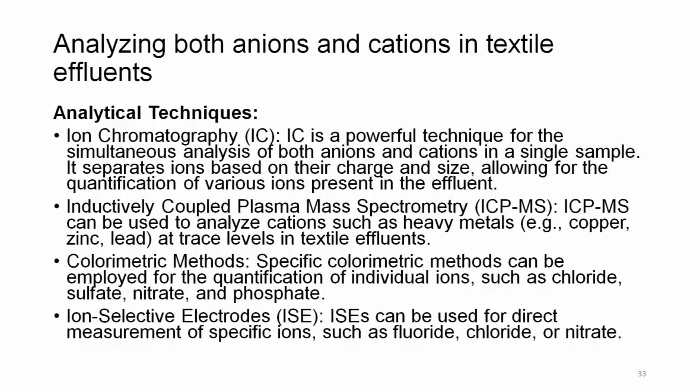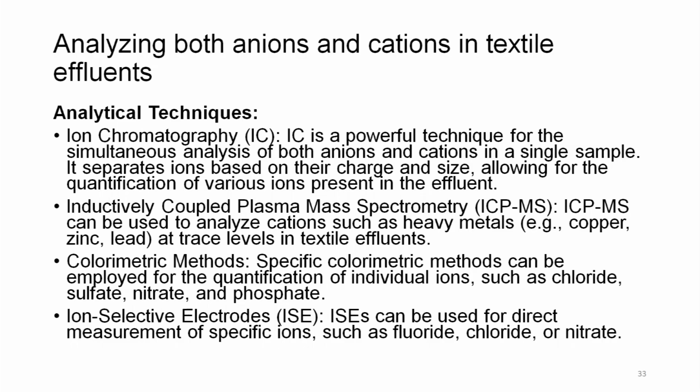Colorimetric methods. Specific colorimetric methods can be employed for the quantification of individual ions such as chloride, sulphate, nitrate and phosphate. So, this method is also very useful for anion and cation.